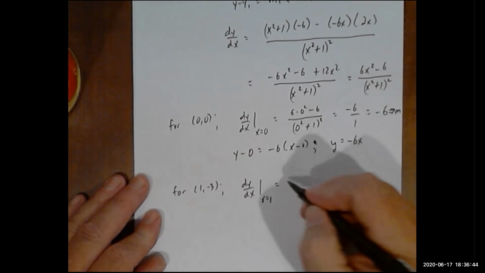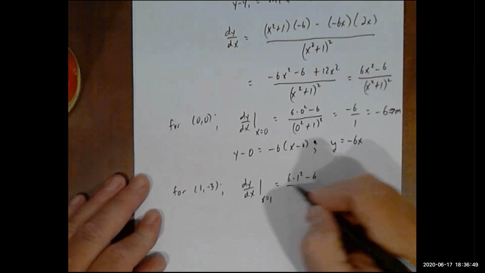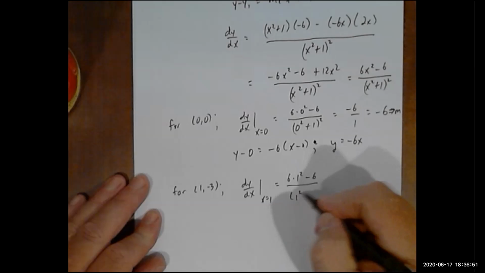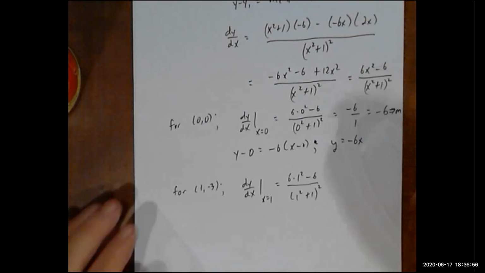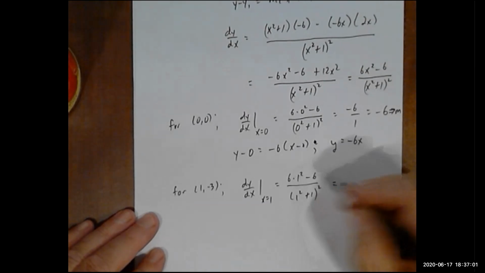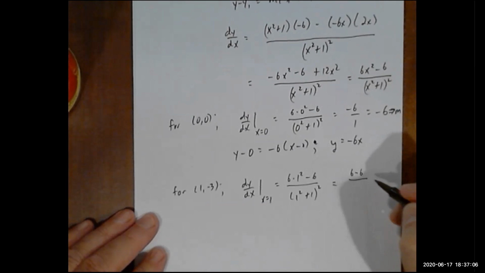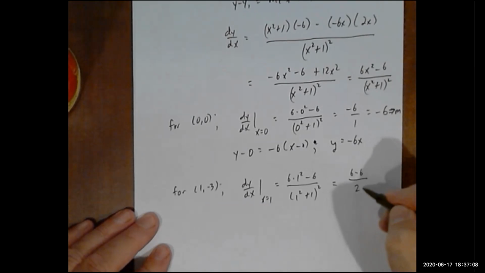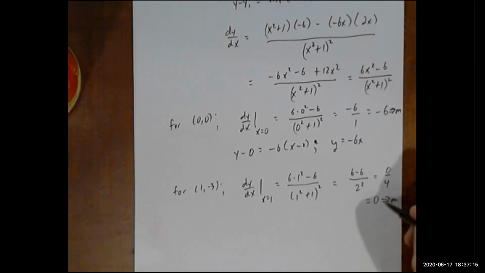So here's that first derivative, 6 times 1 squared minus 6 over 1 squared plus 1 squared. So 6 minus 6 over 2 squared. Looks like the slope is 0.